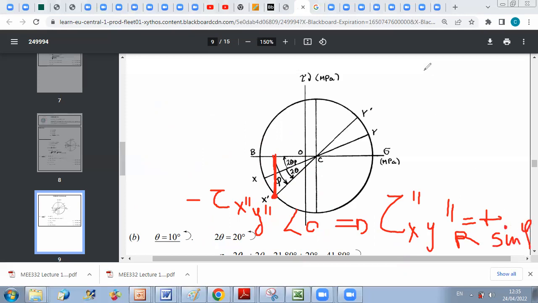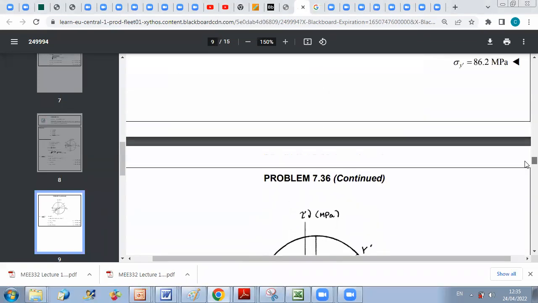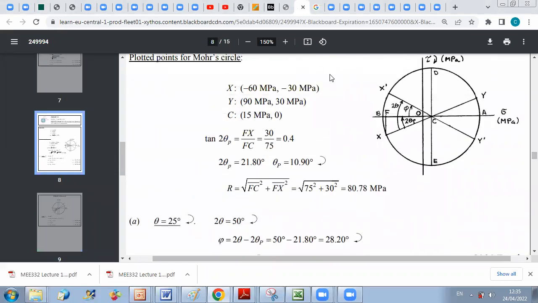Okay, so for each phi, depending on the value of phi, you might have negative or positive tau. If you look at this figure here, x prime was from the side of positive tau, so tau x prime y prime is negative because the coordinate of x prime in shear is minus tau x prime y prime. And since here the coordinate was positive, then tau x prime y prime was negative.